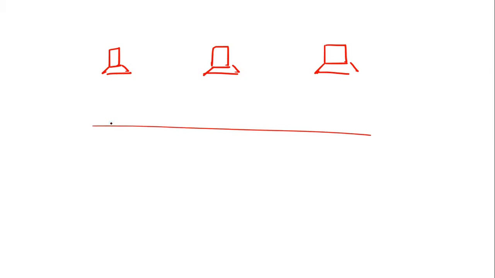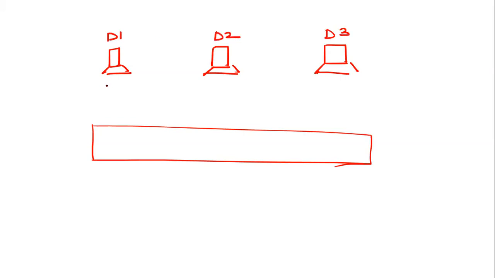So basically what they mean is that suppose this is device 1, this is device 2 and this is device 3. Okay, and they both want to send some message. So now what will happen if this is the medium you want to send the message through? So suppose this is your device 1, device 2 and device 3. So now at the time slots that are given to it, suppose that D1 can send the message at 5 seconds.